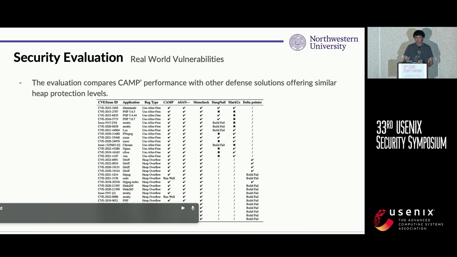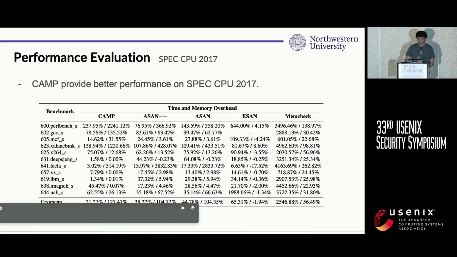Then we did a security evaluation on real-world vulnerabilities. CAMP successfully detected and prevented all use-after-free vulnerabilities. In the case of heap overflow vulnerabilities, CAMP also prevented all of them. We also did the performance evaluation on SPEC CPU 2017.